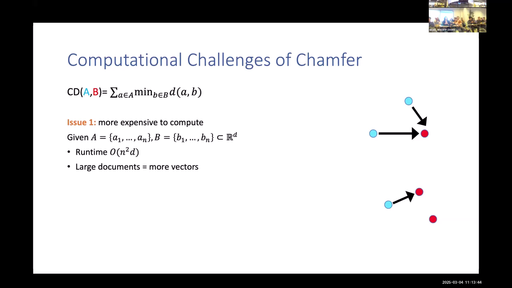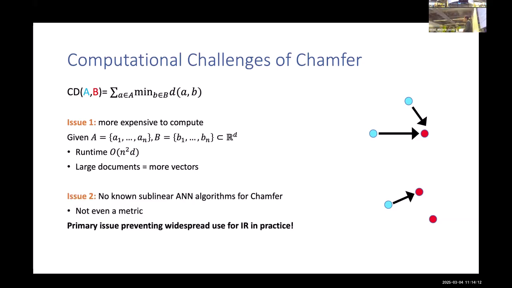If I have two vectors, the dot product is computed in linear time. But for chamfer, if I have a lot of vectors, for each one I need to find the nearest neighbor. So this is a quadratic time operation. And this grows, especially if you imagine using more and more documents, larger and larger documents, more vectors per document, this becomes a problem. This is the first thing I want to talk about.